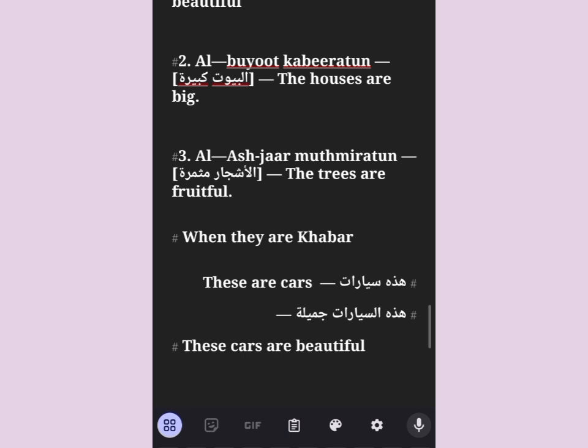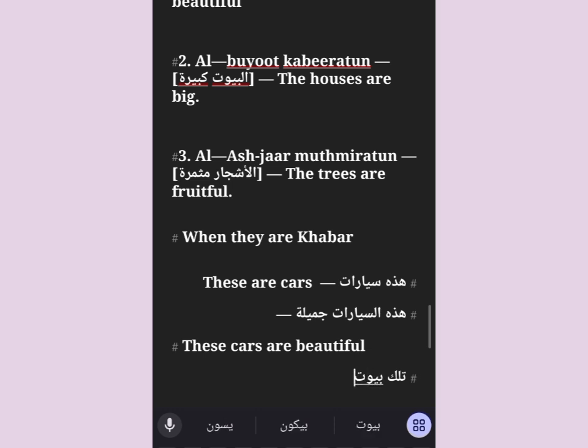So we say تلك بيوت. تلك بيوت. بيوت is plural, but we treat it as singular.